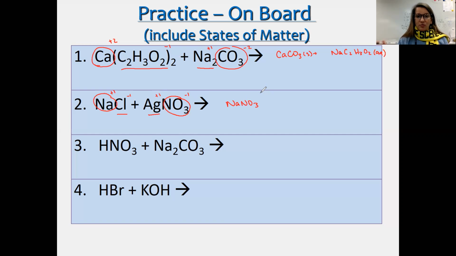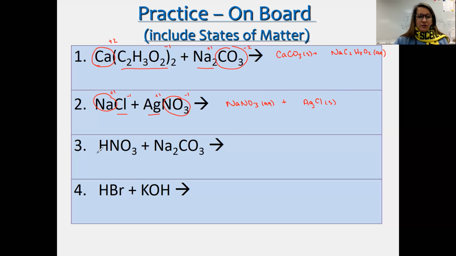What matters is that you're correctly forming your two new ionic compounds by dropping and swapping and writing your cations first. And the other one would be AgCl. All right, so NaNO3 would be aqueous because alkali metals and nitrates are always aqueous. AgCl is solid because chlorides, although they are usually aqueous, silver is an exception that makes it solid.